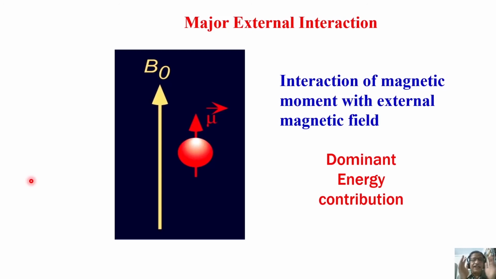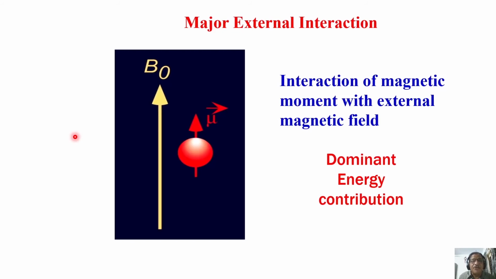With the discussion we have had, we will start looking pictorially at various types of interactions and their strengths. I said there are two types of external interactions and 4 different types of internal interactions, which I explained.